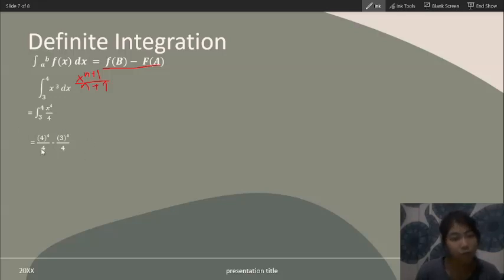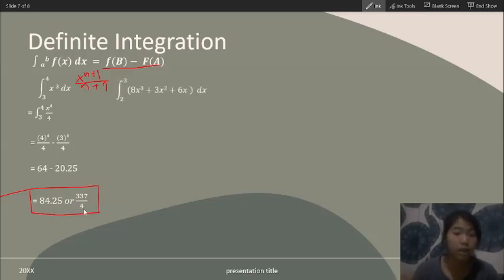We can further simplify this and we'll get the answer of 64 minus 20.25. When we subtract this, we'll get the answer of 43.75 or 175 over 4. So moving on to the next example.